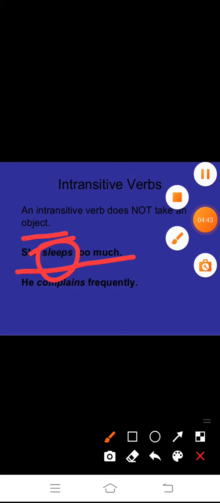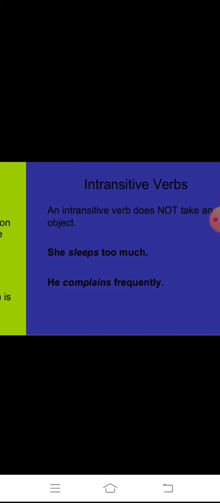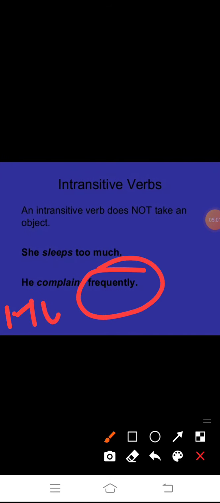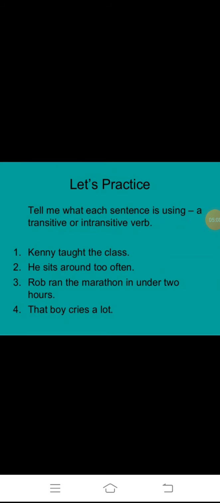No, again you are not getting any answer to what and whom. When we do not get any answer to what and whom, that means it is not a transitive verb. He complains what? Did you get the answer what? No, it's the answer of how. So it is not a transitive verb. It's an intransitive verb.